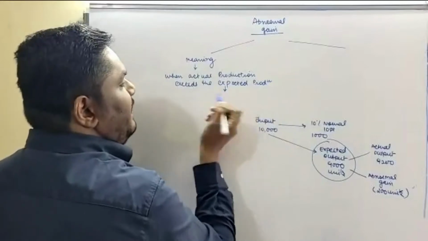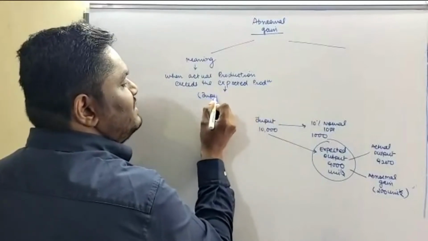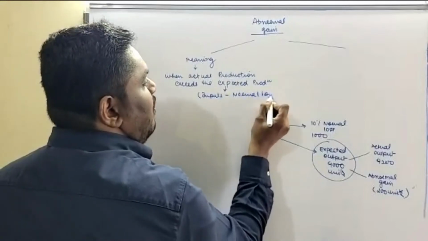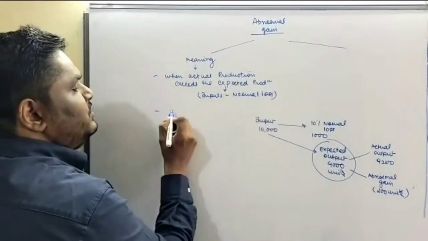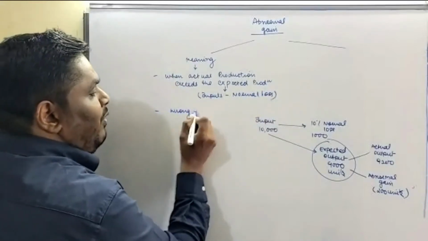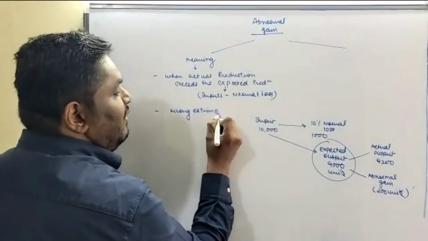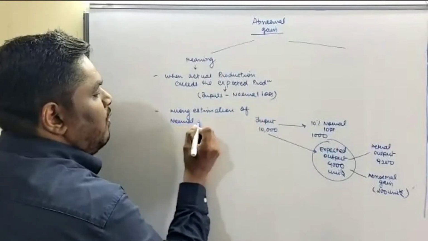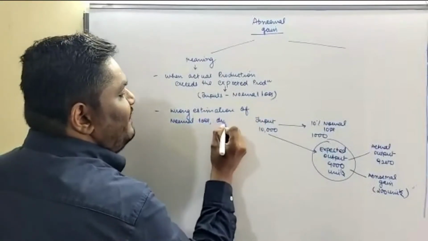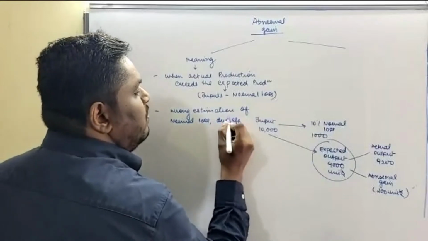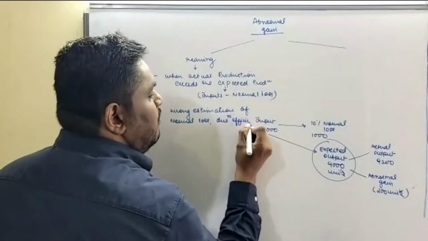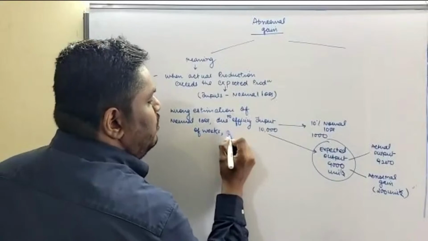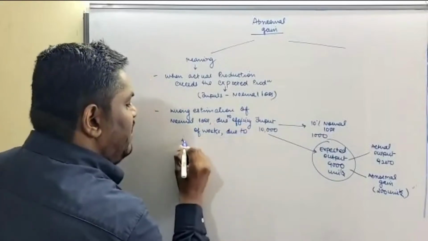When talking about expected production, very simple, guys, inputs minus normal loss. It occurs due to wrong estimation of normal loss, or due to efficiency of workers, or it may be due to improvement in production process.